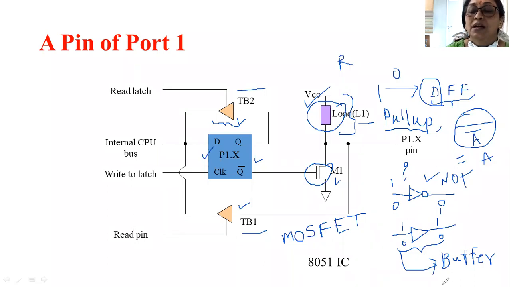Only 3 minutes remain. Tomorrow we will study how to write on a port pin, how to read from the port pin, and also the external memory interface. Now, if you have any doubts, you can ask me.